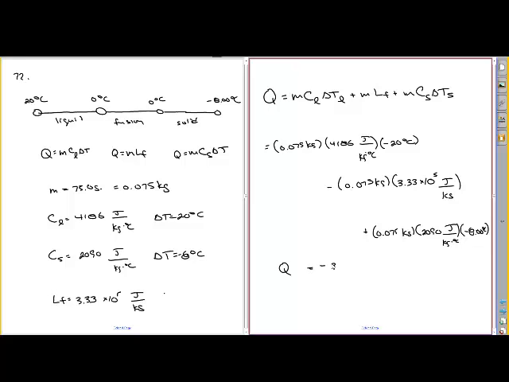And I get Q is equal to negative 30,000 exactly. Wow, that's wild. Okay. Joules. Okay, let me just check the answer for number 72.